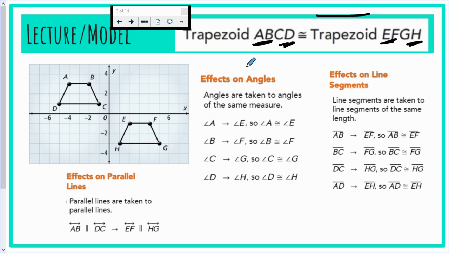So I want you guys to think about now, side BC would be congruent to what side on the new figure? I'm going to pause and you're going to think about that. 3, 2, 1. And hopefully you said that it would be congruent to FG. Actually, it also says it down here. BC maps onto FG, so those two sides are congruent. Angle A and angle E are congruent. Angle B and angle F are congruent, and so on.